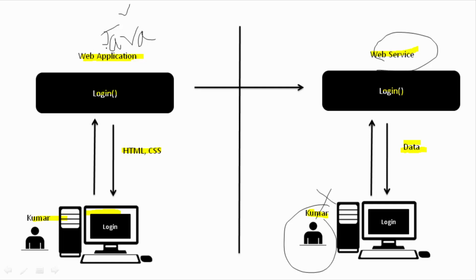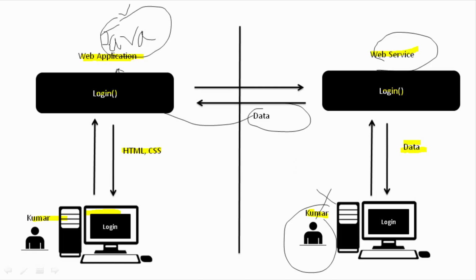So this piece of code can consume this web service. You see, this web application can send a request to this login web service, and this web service can send the response back as data, and this data could be understood by this web application which is developed in Java.